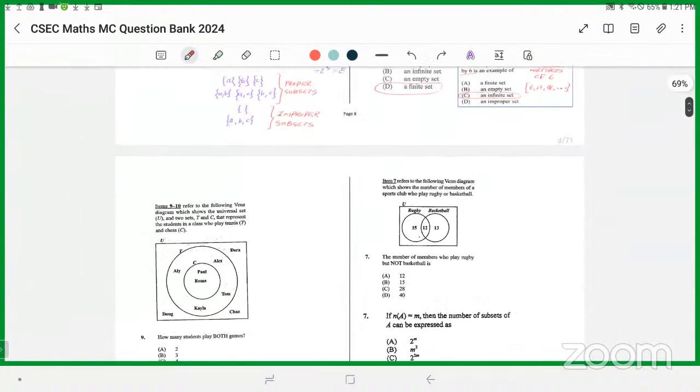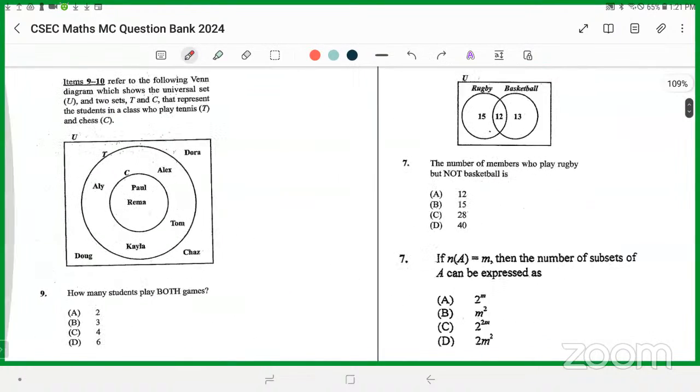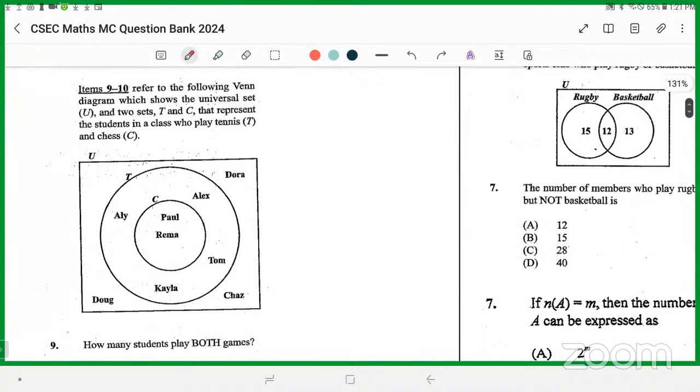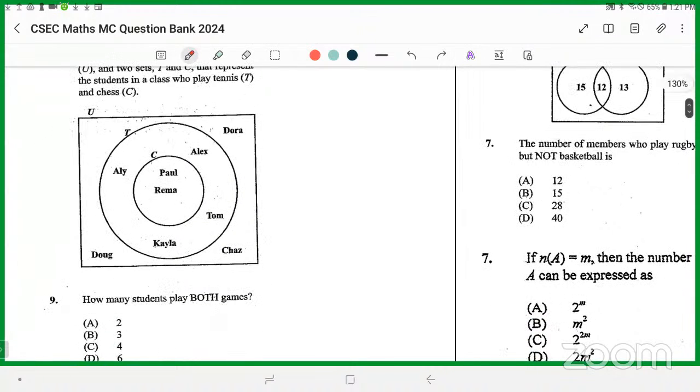All right, down here. This diagram refers to the universal set U, and 2 sets T and C represent the students who play tennis and chess. How many students play both games? See them here? Both games.